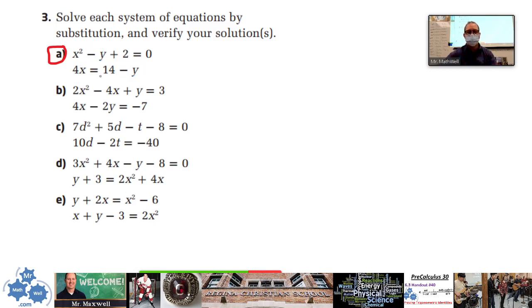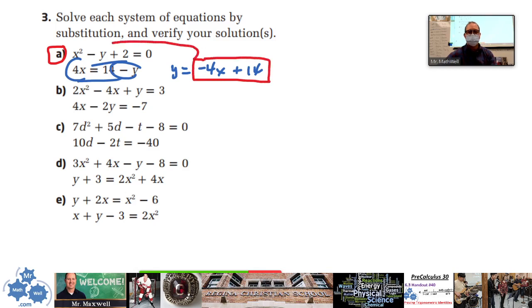I'm going to just change this second equation here into y equals negative 4x plus 14. I'm going to take the y over here to make it positive and the 4x over here to make it negative. And then I'm going to take this piece right here from the second equation and put it in where I see y in the first equation. That's called substitution.